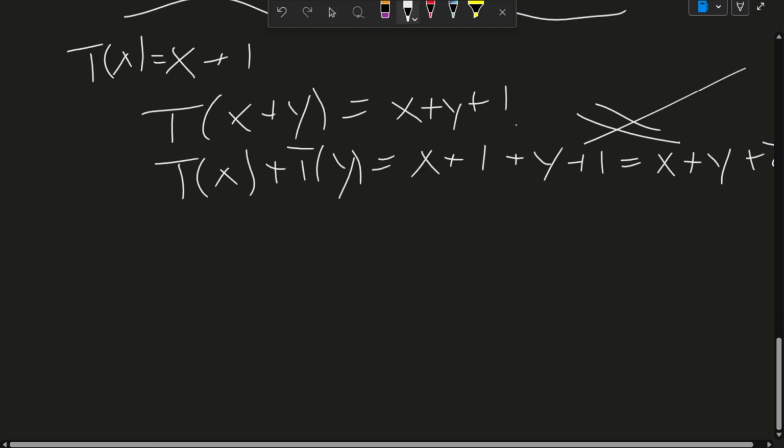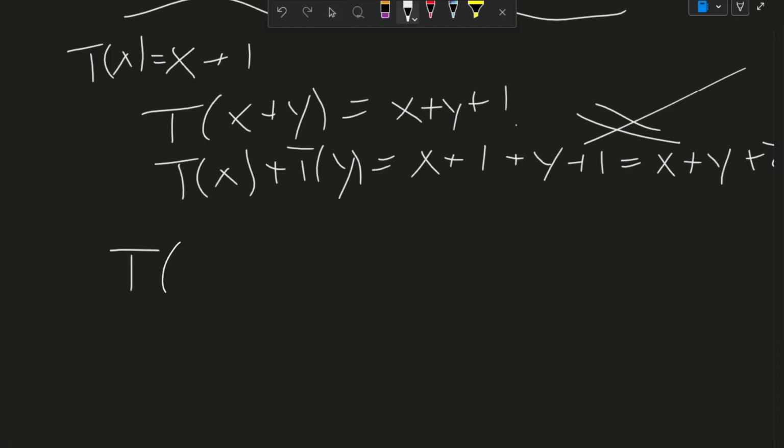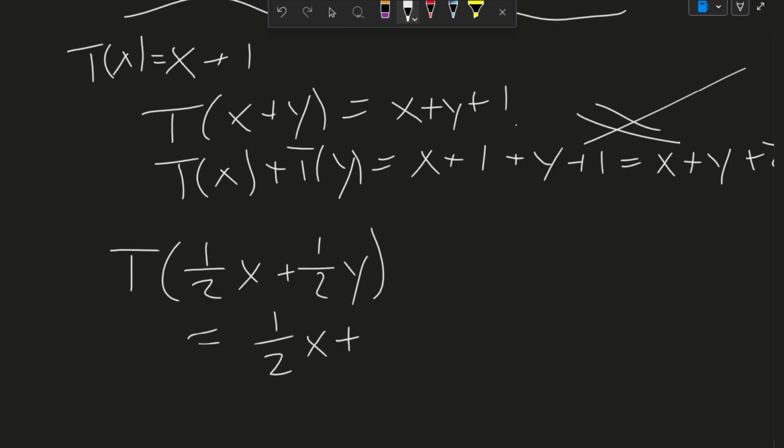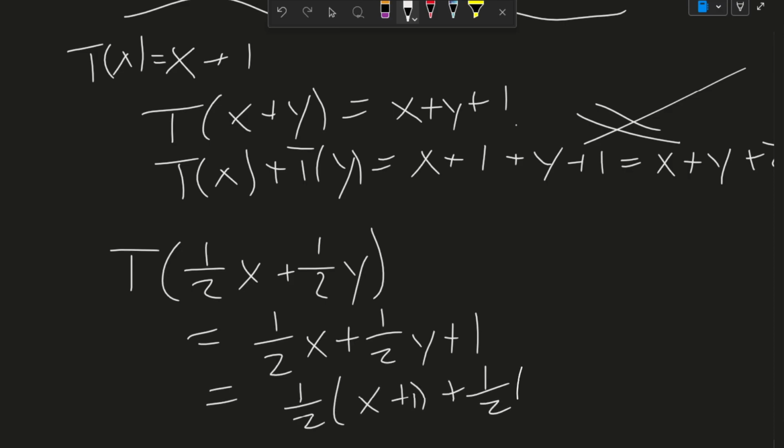But what if we had t of 1/2 x plus 1/2 y, right? Well, this is going to equal 1/2 x plus 1/2 y plus 1. And that's equal to 1/2 x plus 1 plus 1/2 y plus 1.